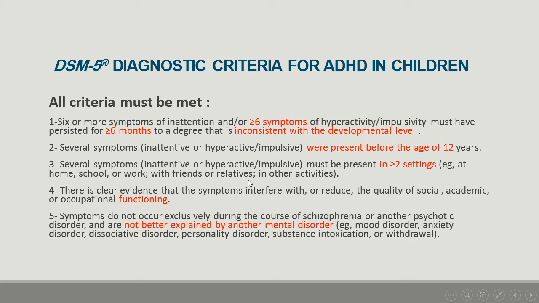The fourth criteria is the usual functioning criteria in all DSM-5 categories that necessitates that these symptoms in this duration, which is 6 months, with onset before 12 years and in 2 different settings, are impairing the function of the patient. The fifth criteria is also the constant criteria in DSM-5 of exclusion of other psychiatric disorders.